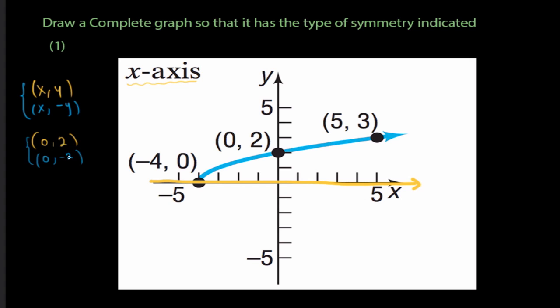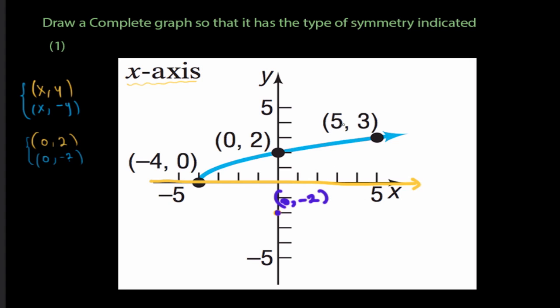So you can see 2 becomes negative 2. Another way to look at the whole picture is that since you have (0, 2) here, and this acts like a mirror, the image of this is going to be this point here, which is (0, negative 2).